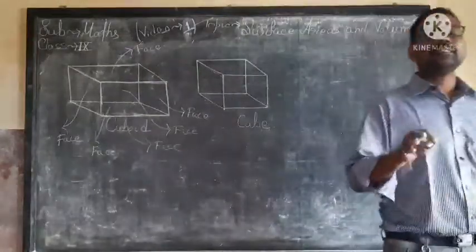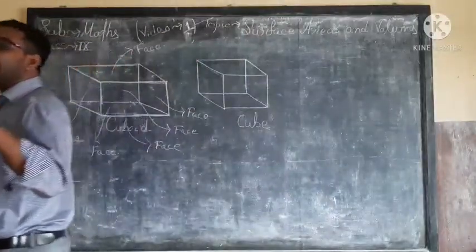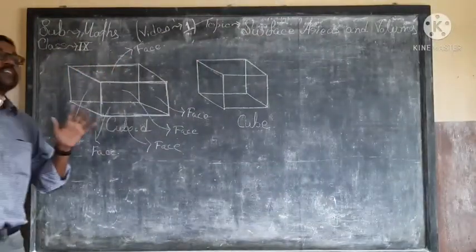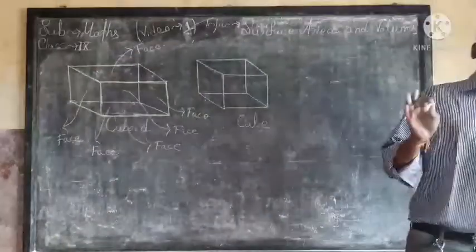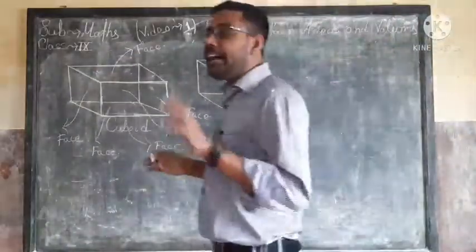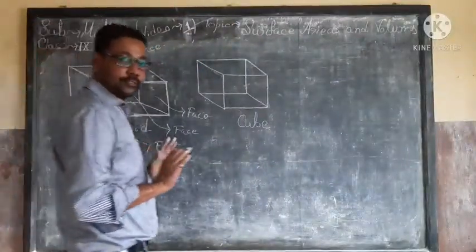So this time we only concentrate on finding the area and the perimeter, but we are not concerned about the volume, because this is a 2D figure and it is also called a plane figure.